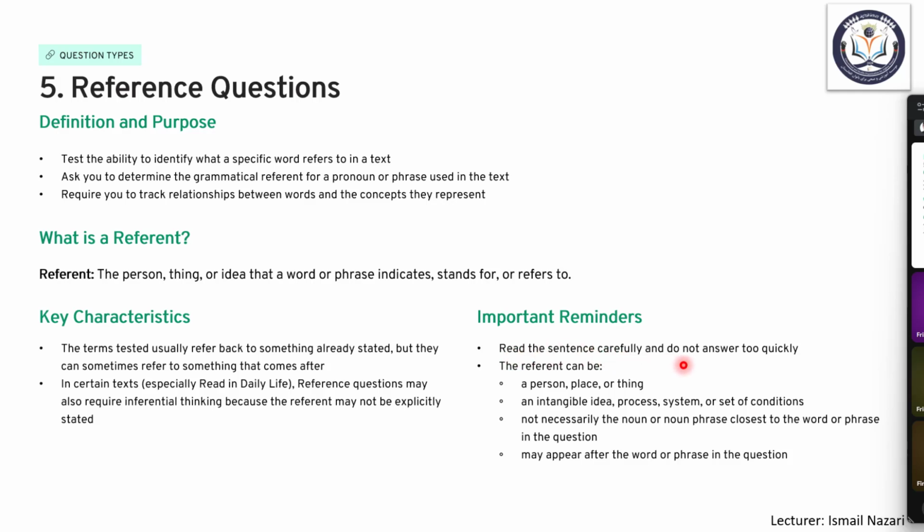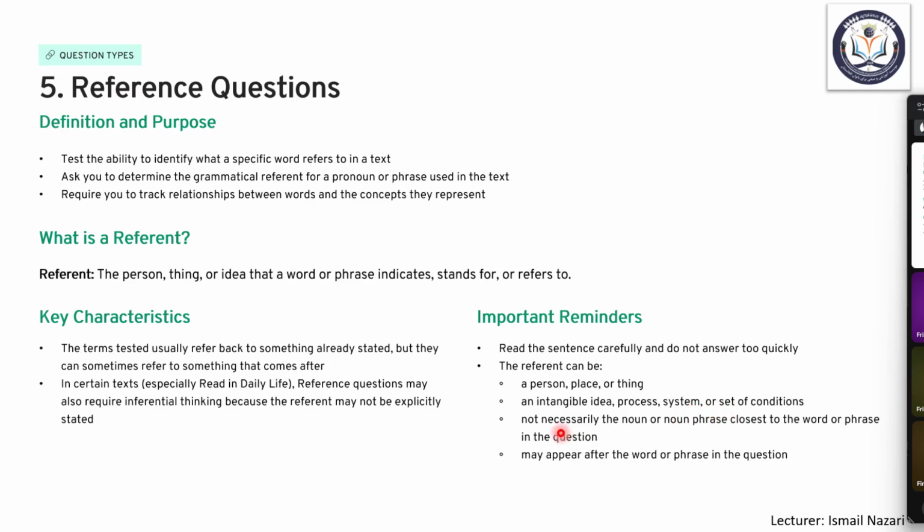Read the sentence carefully and do not answer too quickly. As soon as you see the referent word inside the question, we should not directly go to the answer. We should not directly choose one. Read it carefully and then go to the answer choices. The referent can be a person, a place or a thing. It can be an intangible idea, a process, a system, or a set of conditions.